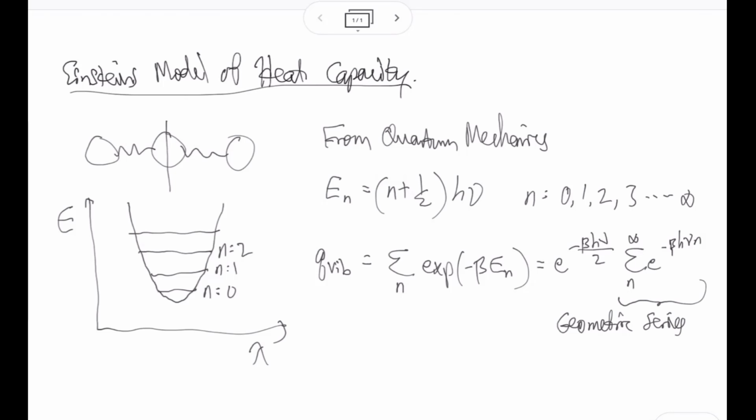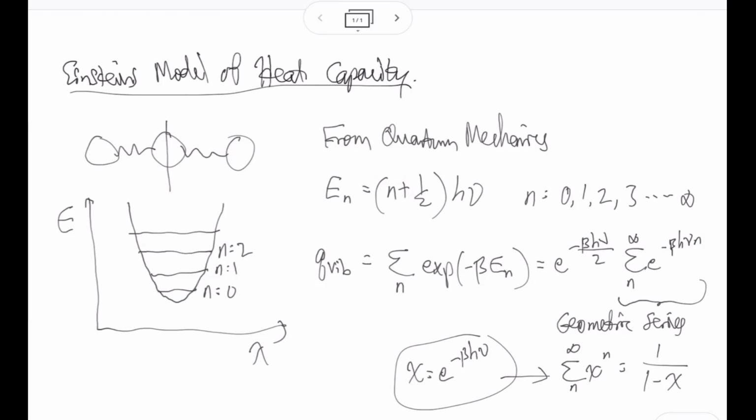And in a geometric series, we have that the sum over n to infinity of x to the n equals 1 over 1 minus x. So what we're going to do here is treat x equals e to the negative beta h nu, and plug this in.